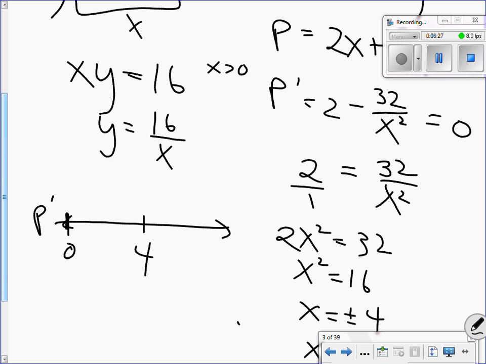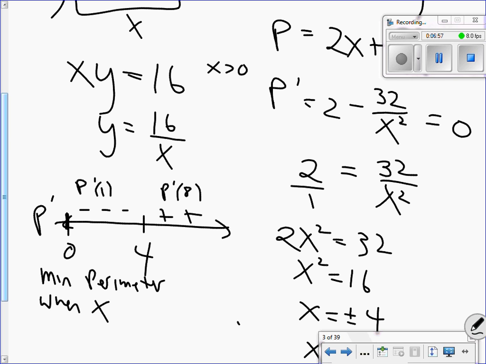Negative. Then you take a number like 8. So p prime of 1 is negative, and p prime of 8 is positive. So do we have a max or a min? Yeah, we do have a minimum perimeter. And they said dimensions, so if x equals 4 and xy equals 16, what does y have to equal? 4.